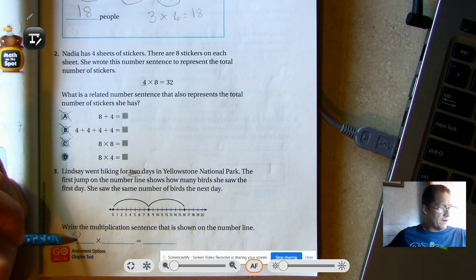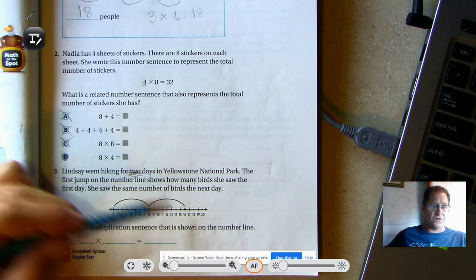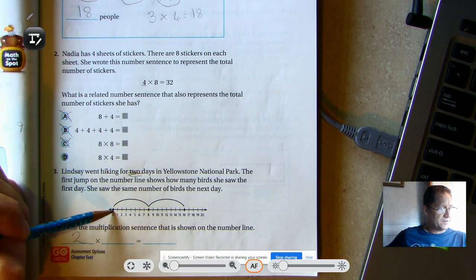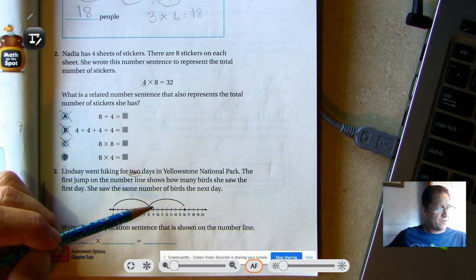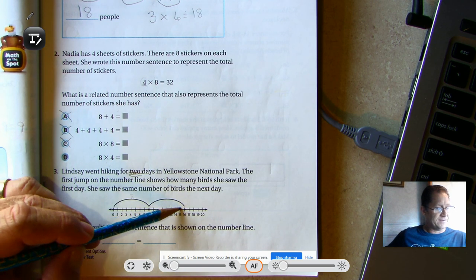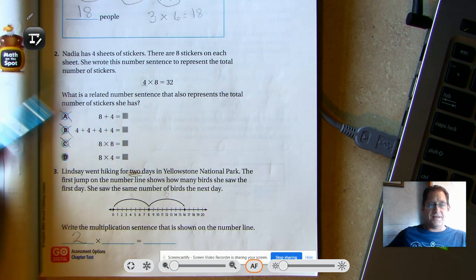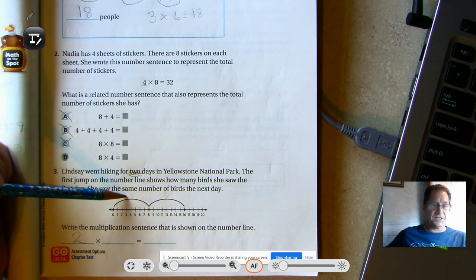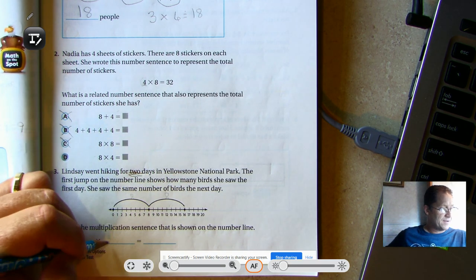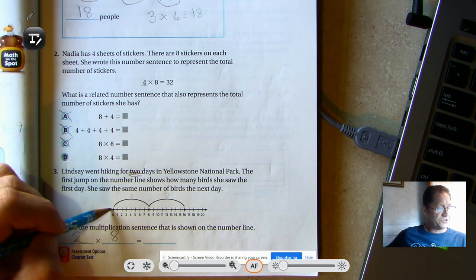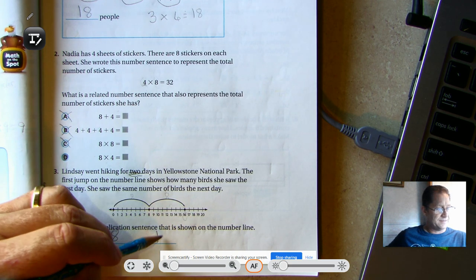So in our multiplication sentence, jumps come first, and then how many is in each jump? Well, I see it goes from 0 to 8, so there's 8 in this one. 1, 2, 3, 4, 5, 6, 7, and 8 in that one. And remember, that makes sense because to have a multiplication problem, you have to have the same amount in each group. You have to have equal numbers. So 2 times 8, so she saw 16 birds.